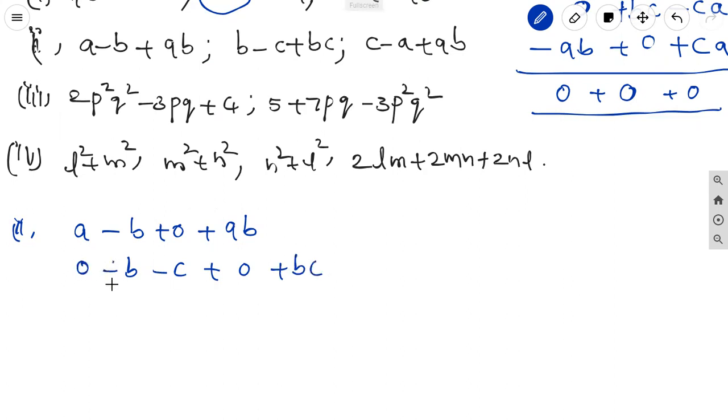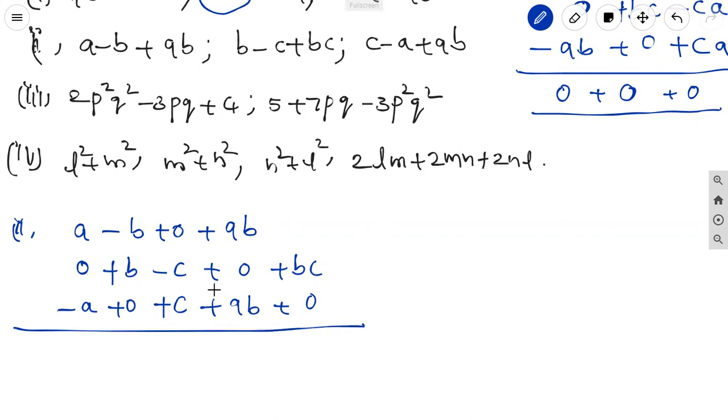And A is also not there, so you put 0 in the place of A. Next, third expression is C minus A. Plus C, since no sign means plus. Minus A, below you write minus A. No B term, so you put 0. And AB term is there. No BC term. Here I wrote plus AB only.